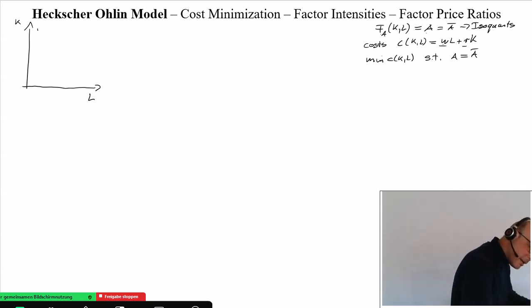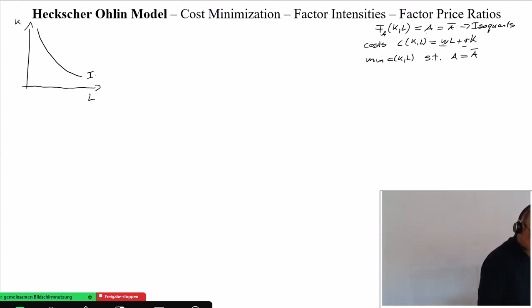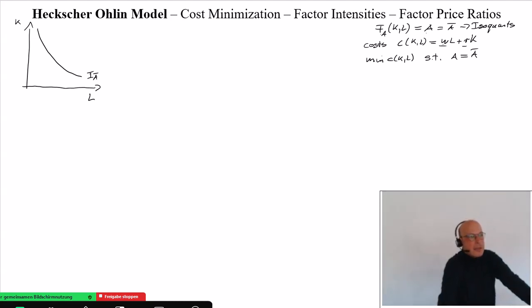So this would be then some isoquant for good A.